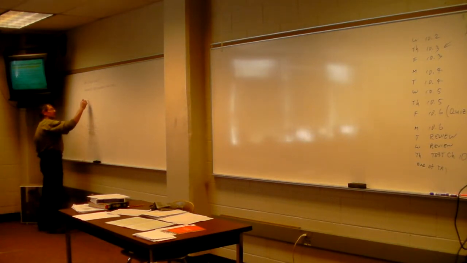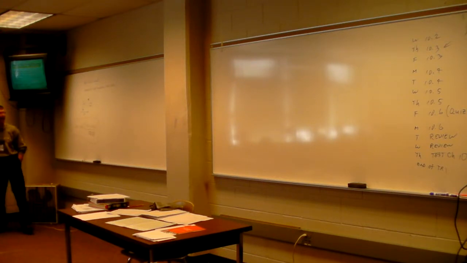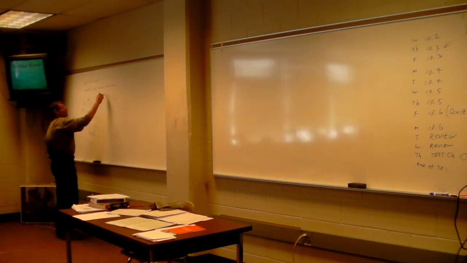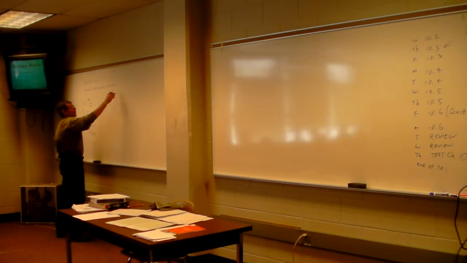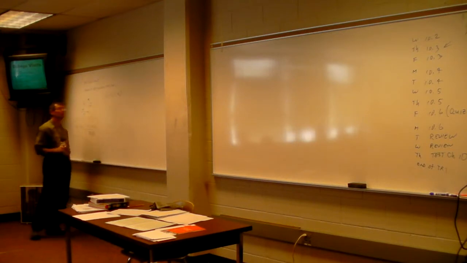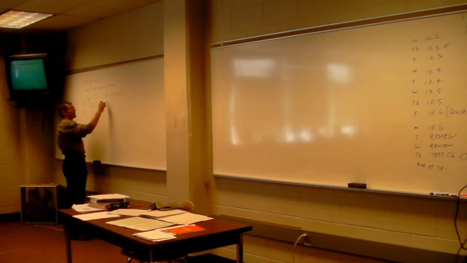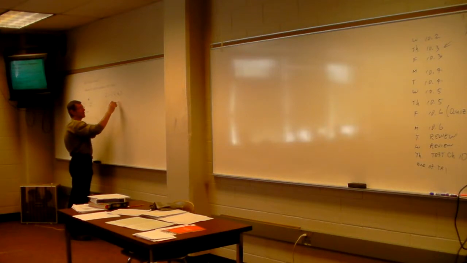This side here is vector W. We're going to define vector U as having two components, an x component and a y component, U1 and U2. Vector V is defined by V1 and V2.